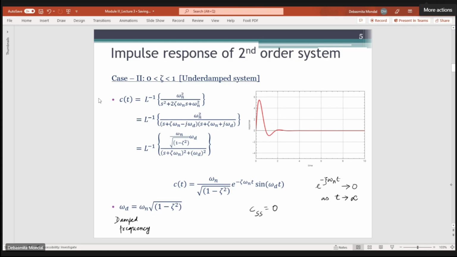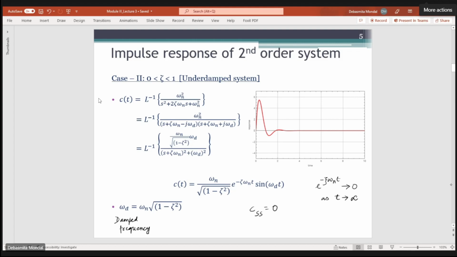And now here, since there is a sinusoidal term associated with this output, that means there will be some oscillation, but the oscillation will slowly decay following an exponential response.